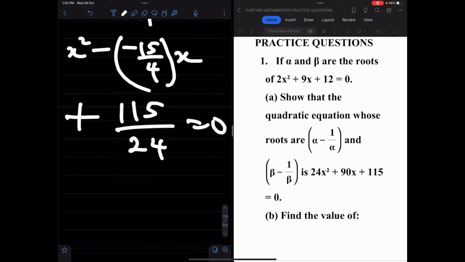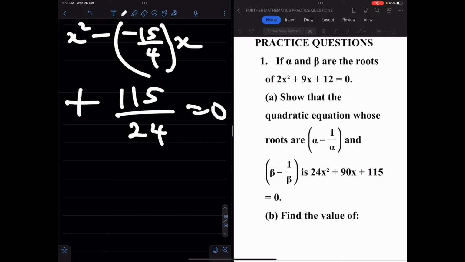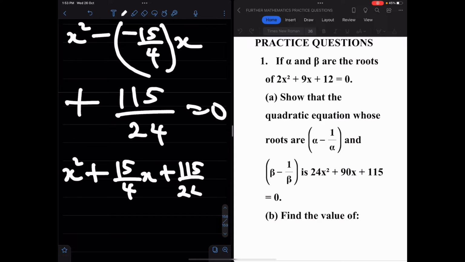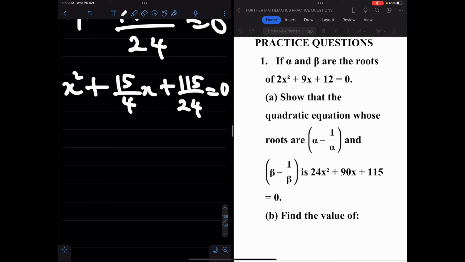So to clear the fractions, what do I do? Before I clear the fractions, let me write this. That will be x squared plus 15 over 4 x plus 115 over 24 equals 0. And now we multiply through by 24 to clear the fractions.